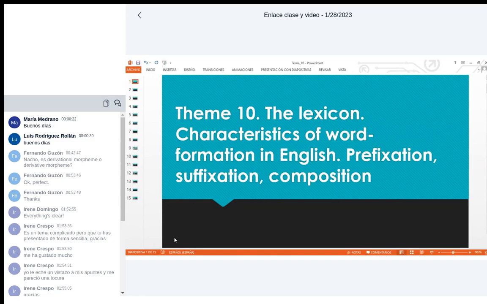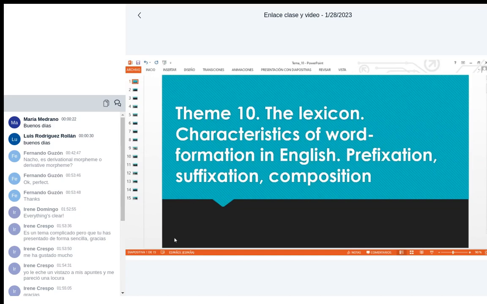Usually, students don't pay much attention to word formation. They just learn the words by heart. Traditionally there was a long list of vocabulary which the students had to learn by heart without any reasoning about how the words were constructed.